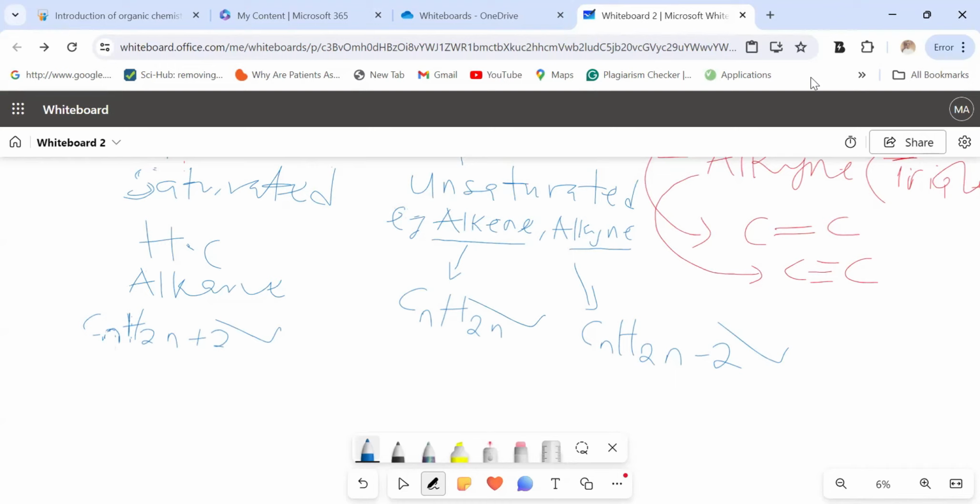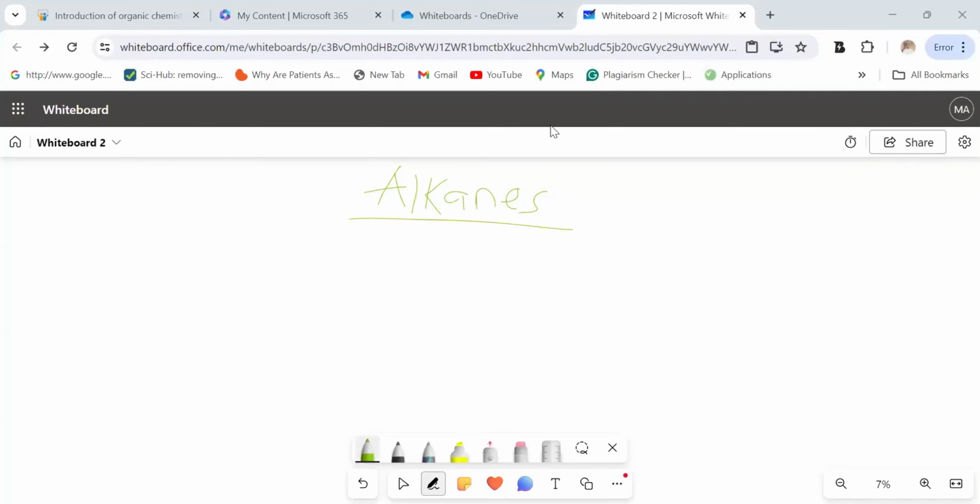So now the next thing that we are going to take is alkane. As I said, alkanes have a general formula of CnH2n+2. So if your n is equal to 1, you just take this value of 1 and substitute it in this formula.